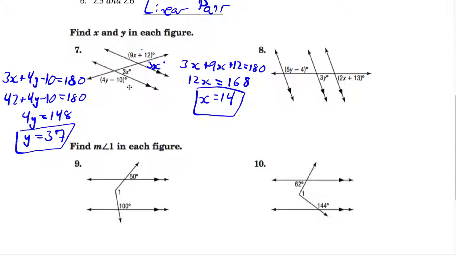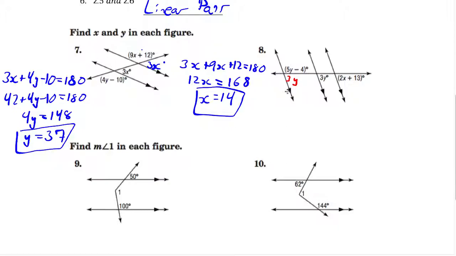And of course, I can go plug this in to check. So I can plug in, find these angles, and make sure that they are supplementary. We want to do a similar approach for problem 8, with these angles here. If 3y is there, then this is also 3y, because these are corresponding angles.